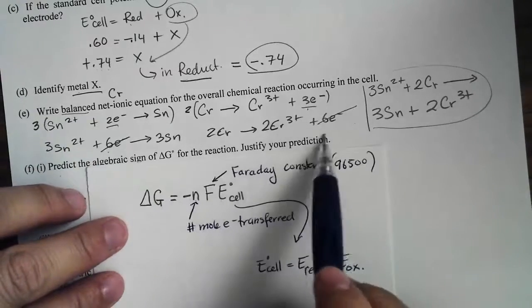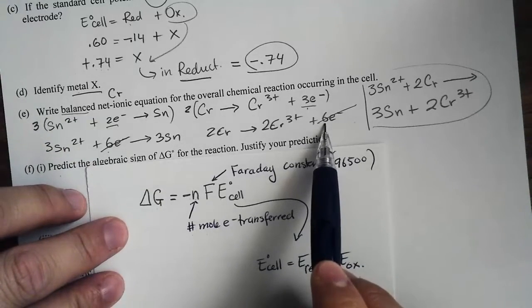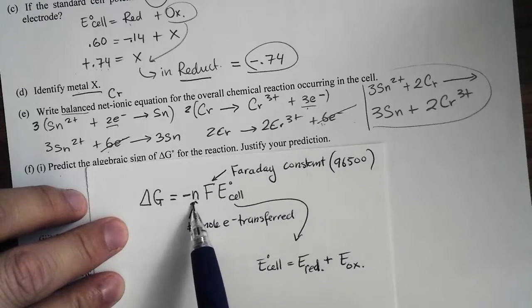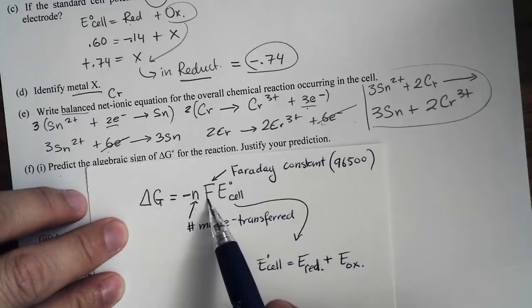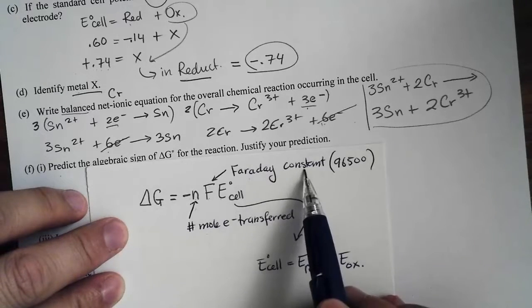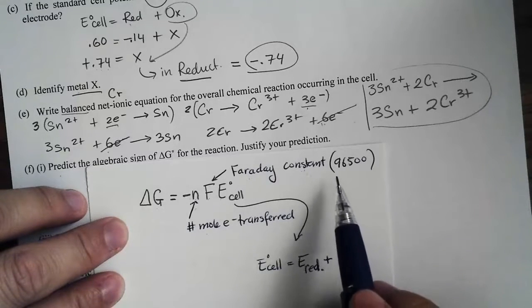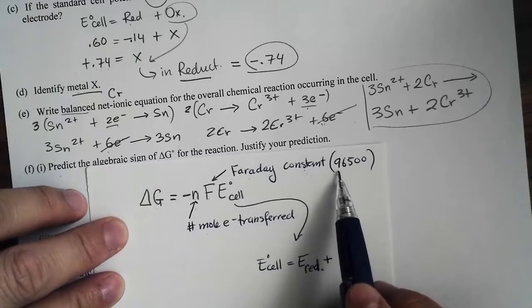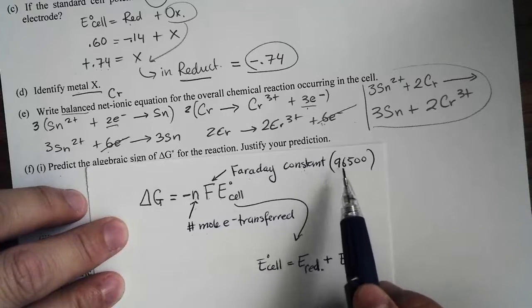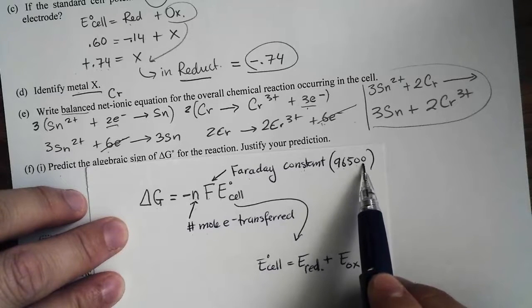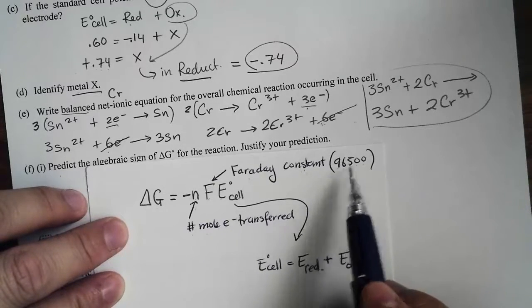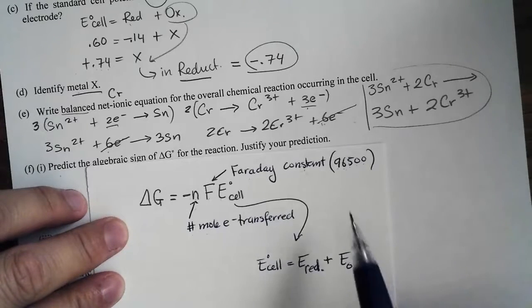In this case, the balanced equation tells us that 6 electrons are being transferred. So N is equal to 6, okay? And F is the Faraday constant, or Faraday conversion factor. Basically, for every 1 mole of electrons, there is going to be 96,500 coulombs of charge.